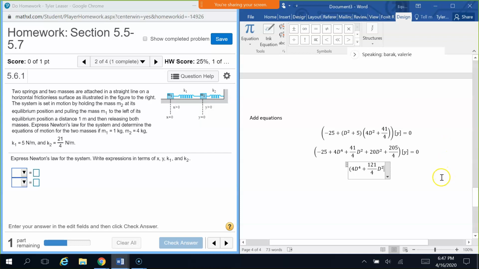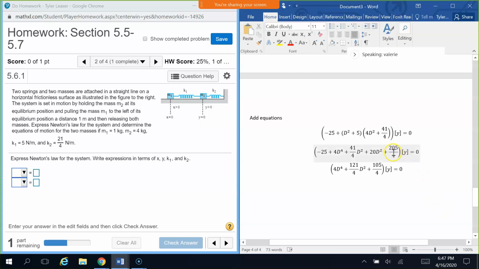I'm trying to add the constants together, the negative 25 and the 205/4. I think this is 105/4. Oh, you add them together, that's what I did. Yeah, 105/4. Okay, cool.